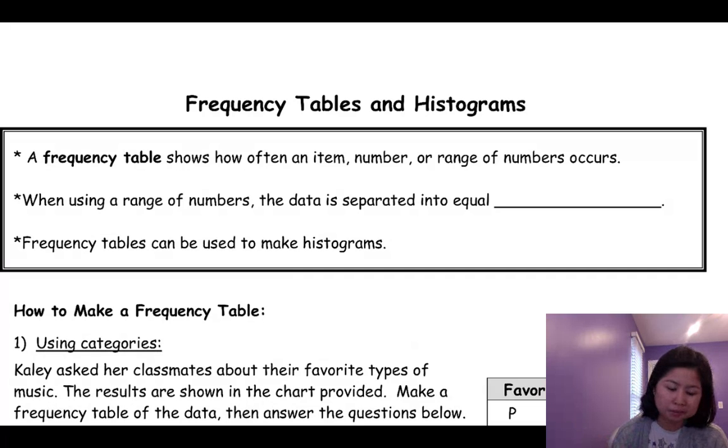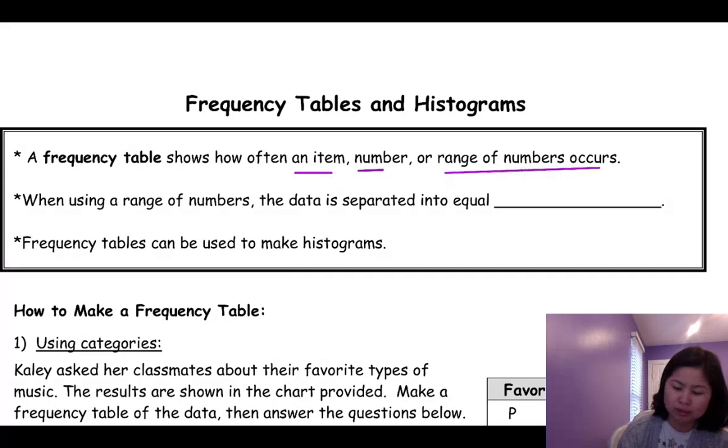I already uploaded that. Frequency tables show how often an item, numbers, or a range of numbers occurs.